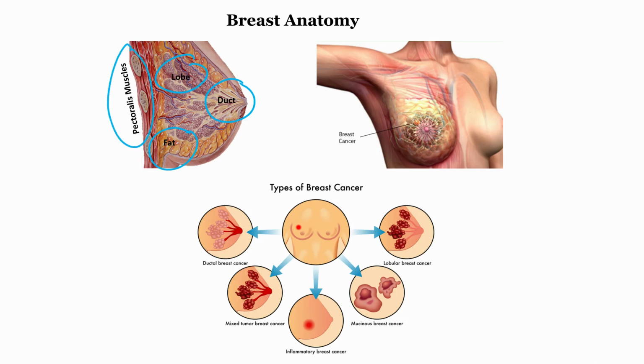If you talk about types of breast cancer, you find ductal breast cancer, which occurs in ducts; lobular breast cancer, which occurs in lobes; mixed tumor cancer, which is in ducts as well as lobes; mucinous breast cancer and inflammatory breast cancer. So, the types are ductal, lobular, mixed tumor, mucinous and inflammatory.